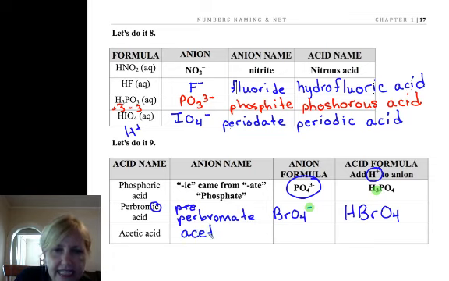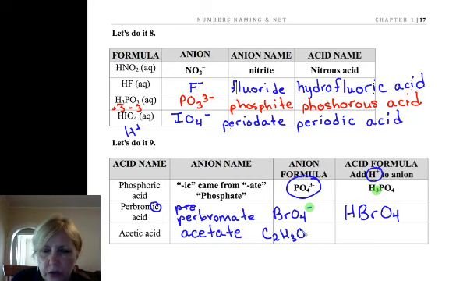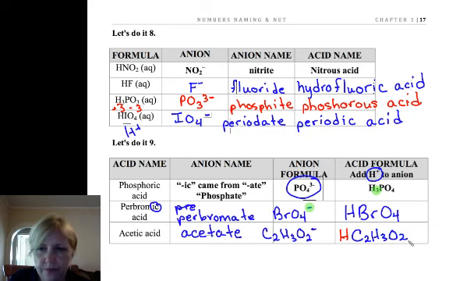Acetic acid, it came from ate. So this is acetate. There's a couple of ways we write acetate. C2H3O2 minus. It needs 1 H plus. And when we do that, these H's are not acidic. They don't come off. So we want to distinguish this one, and we would put it on the front: HC2H3O2.